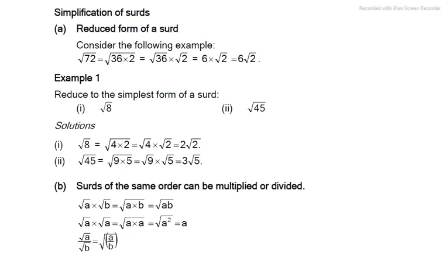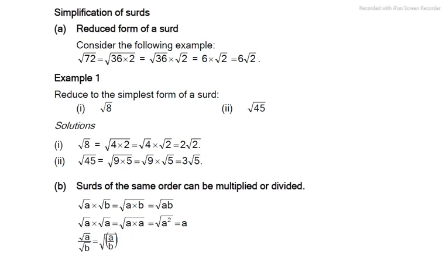So we can look at something else apart from simplifying surds. We can look at multiplication and division of surds. Yes, we can multiply surds. Just recently we have seen that to get root 8, you multiply root 4 times root 2.